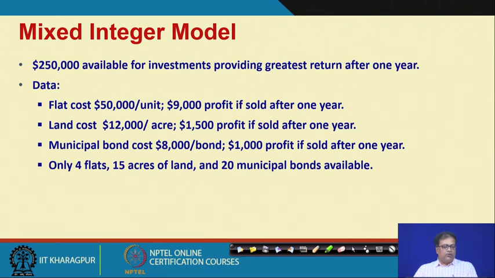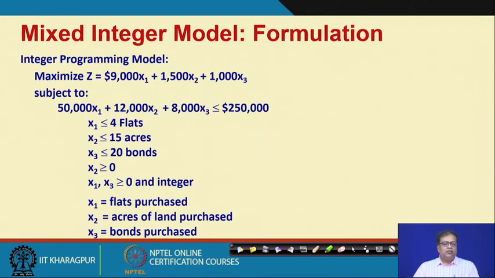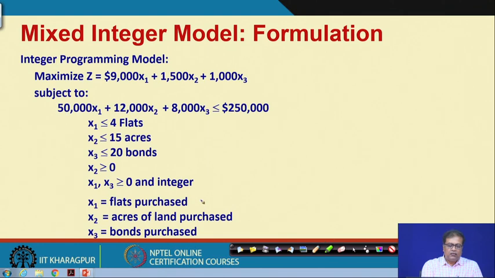So, how do we go about it? Again we assume x1, x2, x3 for flats purchased, then acres of land and bonds. But please remember that while the flat has to be an integer and the bond has to be an integer, there is no such need for the land.